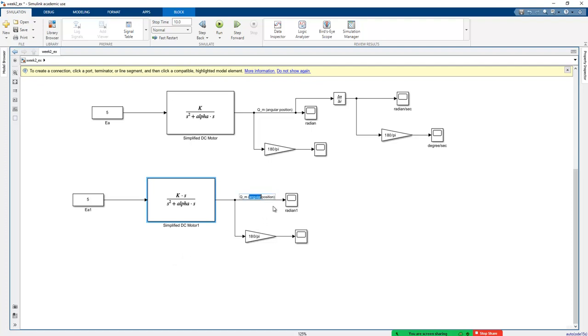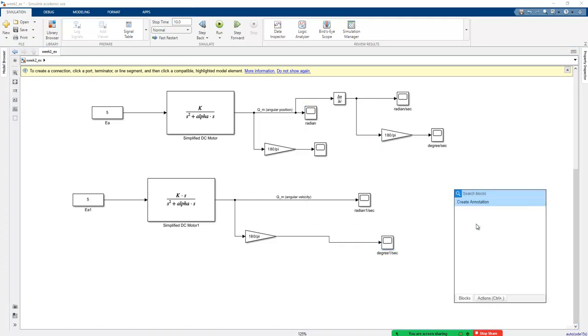So this angular position is equal to the angular velocity value. This is equal to radian per sec, right? But this is the degree per sec.